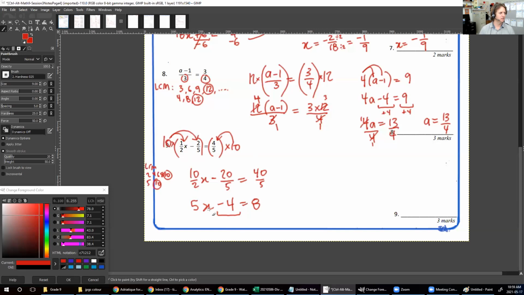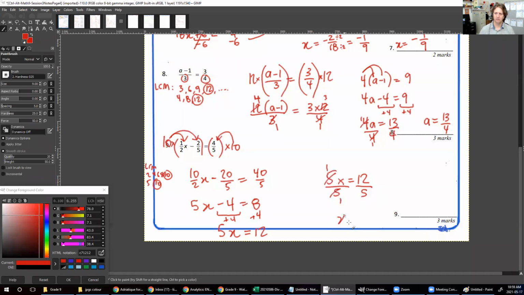So we're going to keep the x's on this side. Let's add 4 to both sides. We have 5x is equal to 12. I'm just going to write that over here. This is 5 times x. We want to do the opposite of times 5, which is divide by 5. So let's divide both sides by 5.